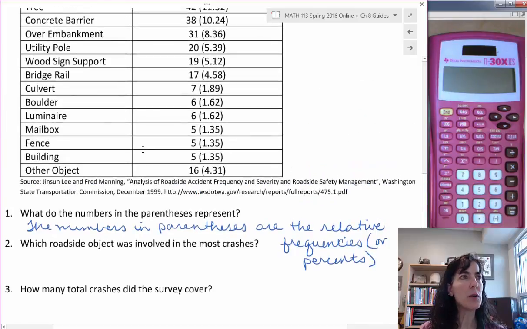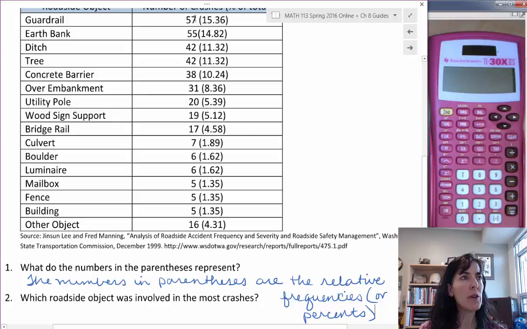Let's take a look. I'm looking at it and it looks like they put them in numerical order except for other object, which is just a collection of things that only had maybe one crash with it, and so they just added them all together as other, and so you get 16. But up here at the top I see 57, and that looks like it's the highest number.